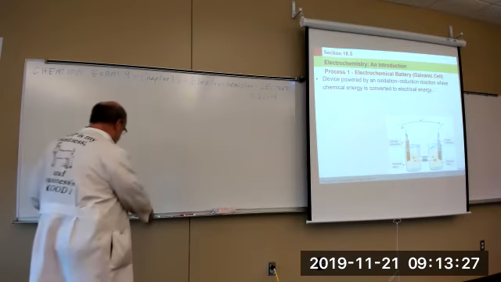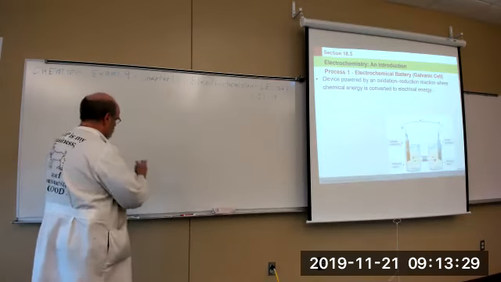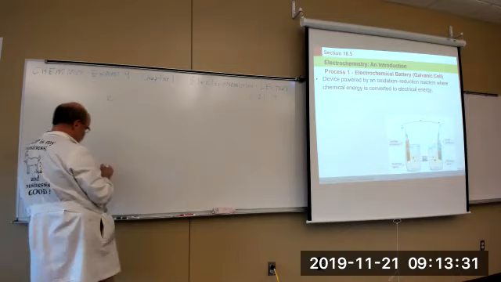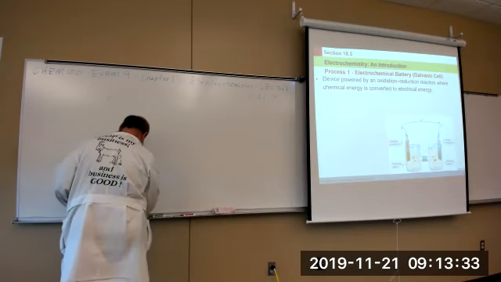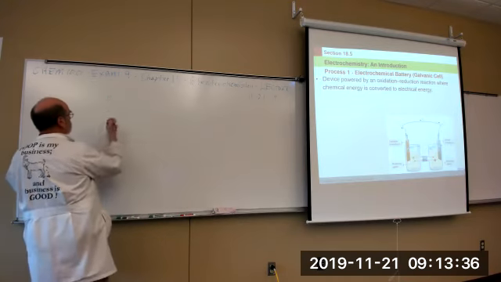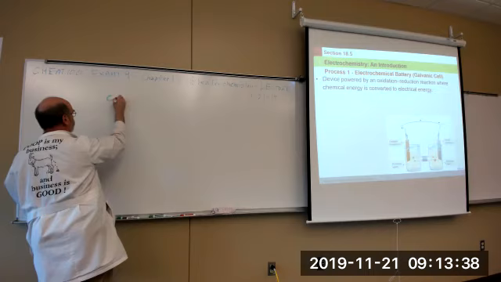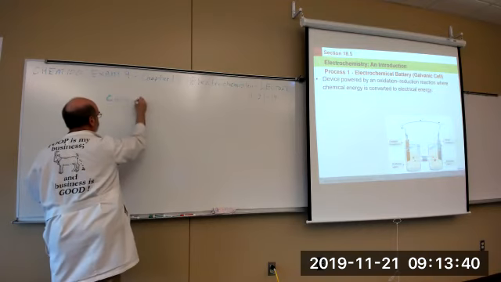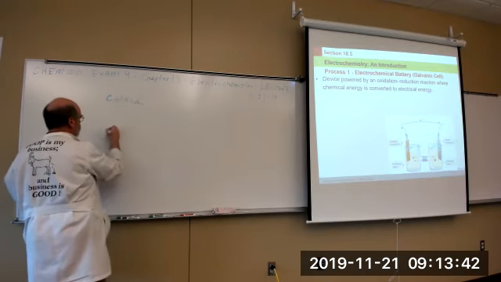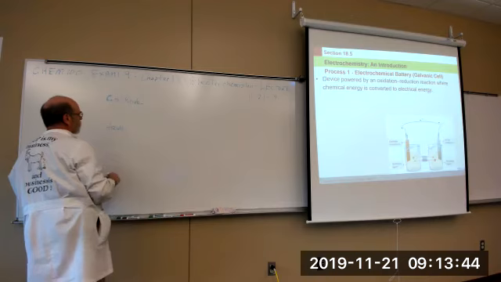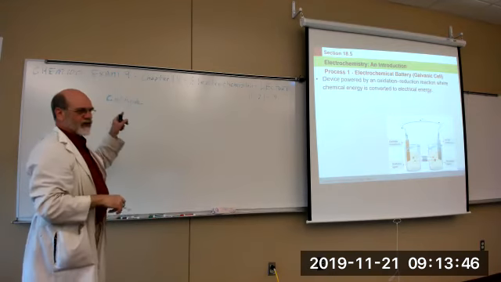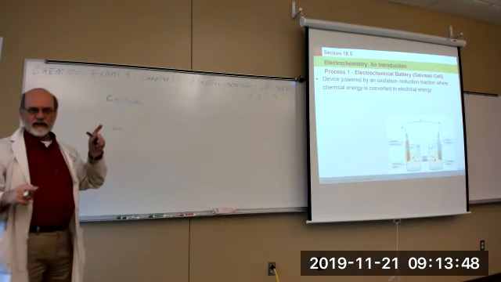So what do we mean by cathode and anode? The cathode is the cell in which reduction takes place.